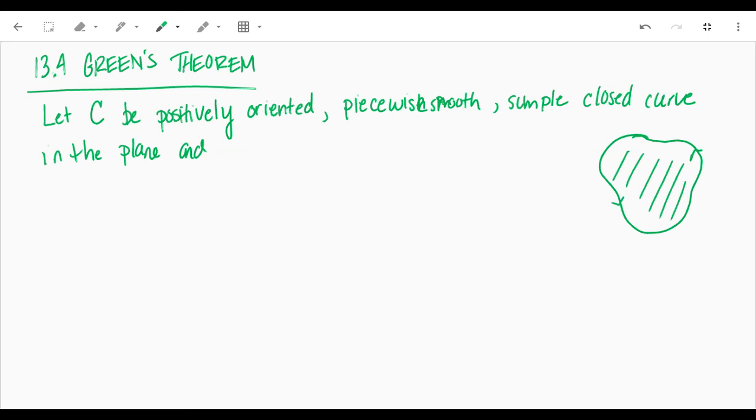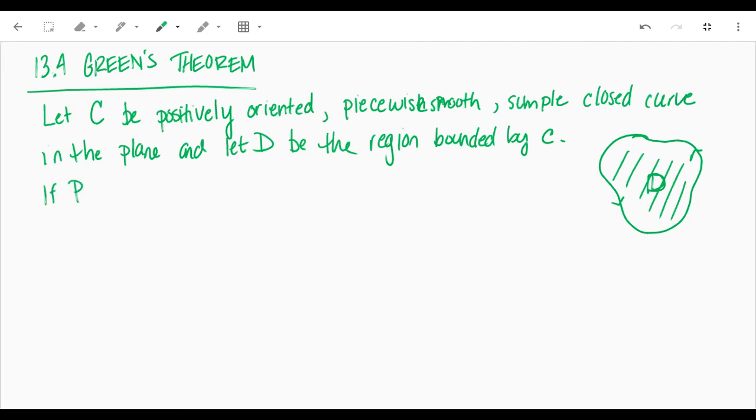So we can draw the orientation in there. If I were to walk around the perimeter of this region, the inside would always be to the left of me. And let D be the region bounded by C. So D is this region.